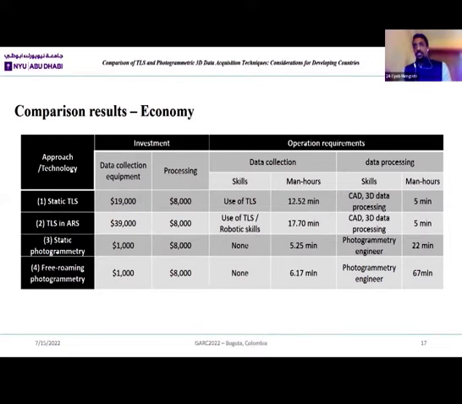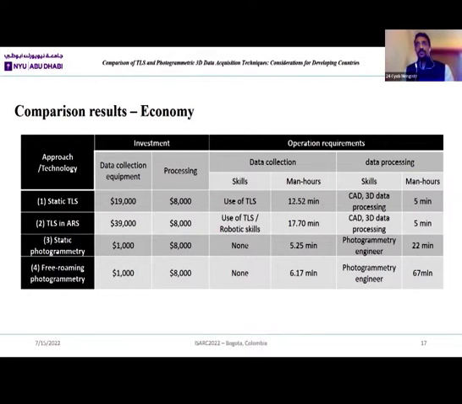In terms of data processing, all of them require some sort of skills, but in terms of the man hours required to process the data, the photogrammetric method, which is free roaming, took much more time compared to the rest of them. This is just because the person was moving around with the camera and taking many more pictures compared to the static mode.